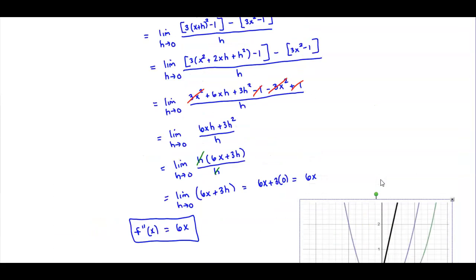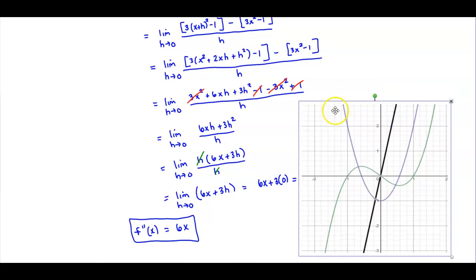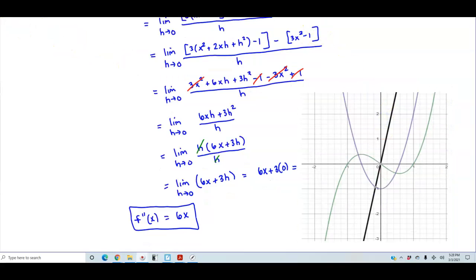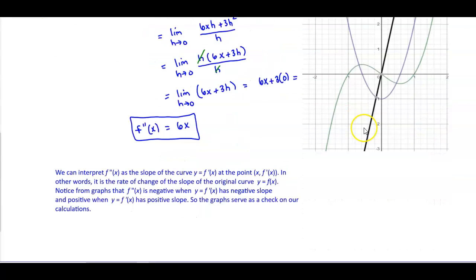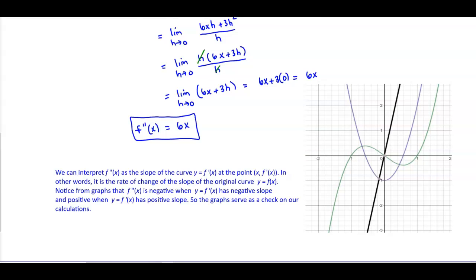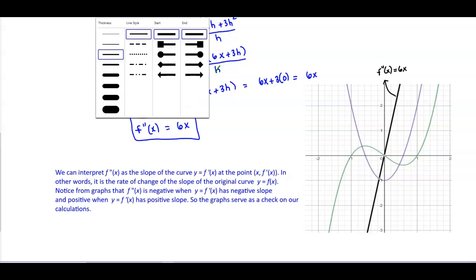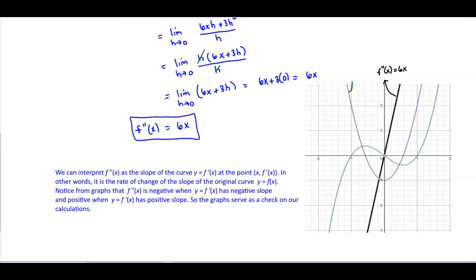The second derivative we just found was 6x, and the first derivative, f prime of x, was 3x squared minus 1.